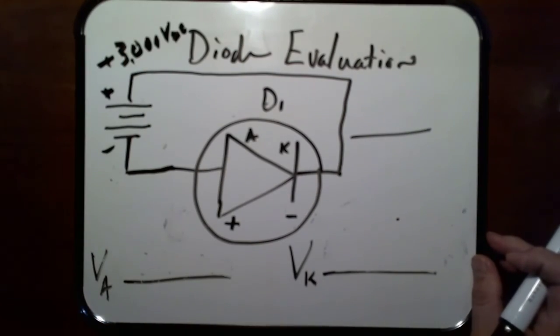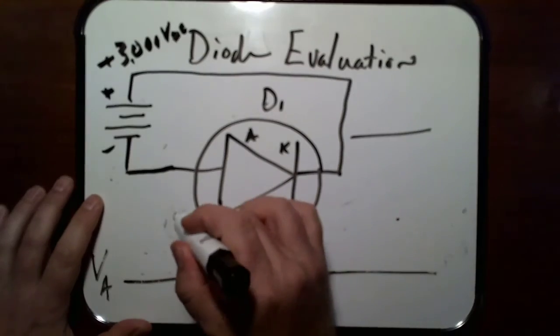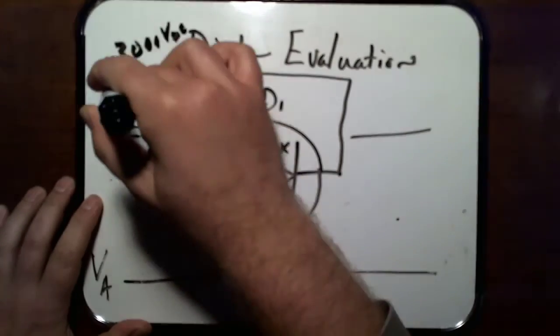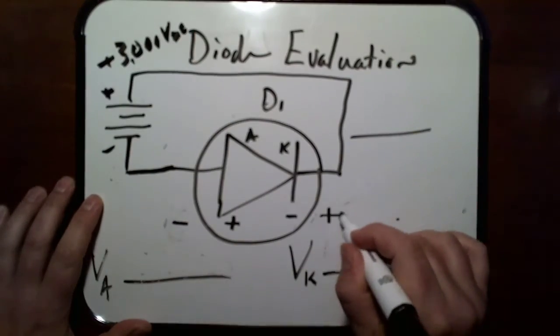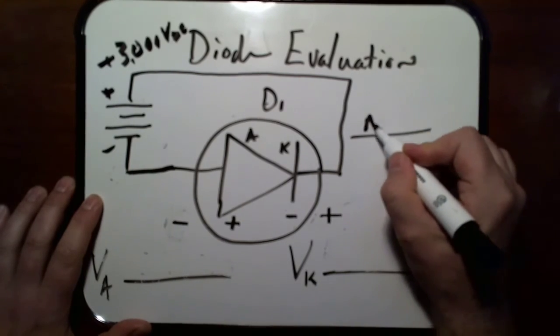First of all, let's check and see, is this a go? If I follow my current path around, I put a negative, and I put a positive. So right there, it's a no-go.